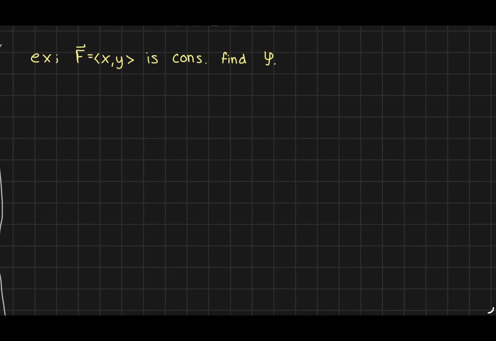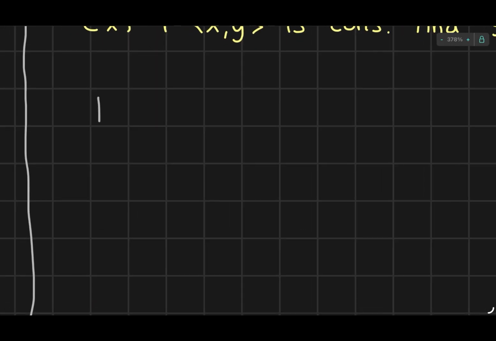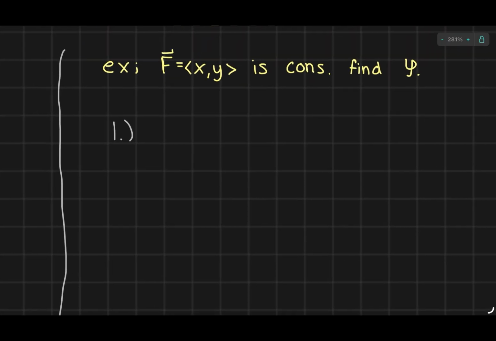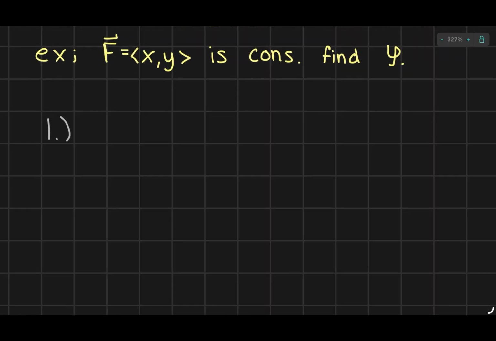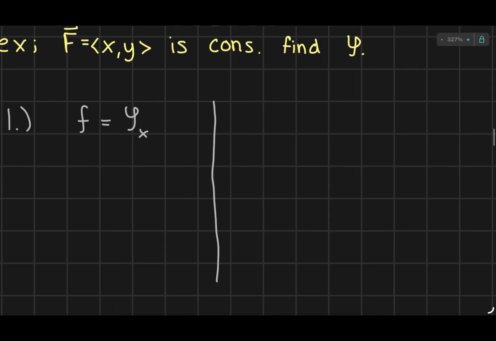Our example here is our vector field x, y is conservative. We proved that above. We're going to go ahead and find the potential function phi. So following our 3-step process, step 1 is going to be setting our values equal to each other here. So we're going to have f is equal to phi sub x, and making another little row there, we're going to have g is equal to phi sub y.